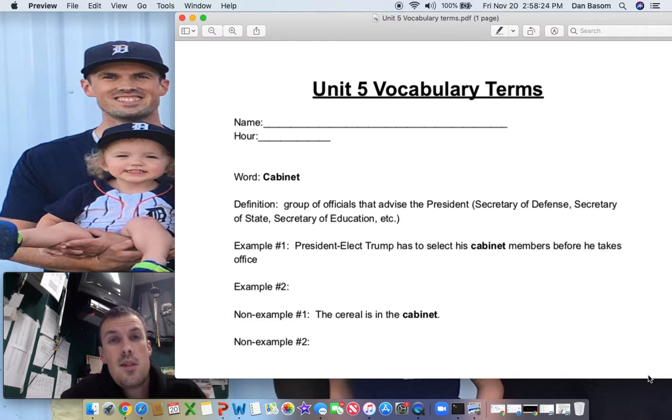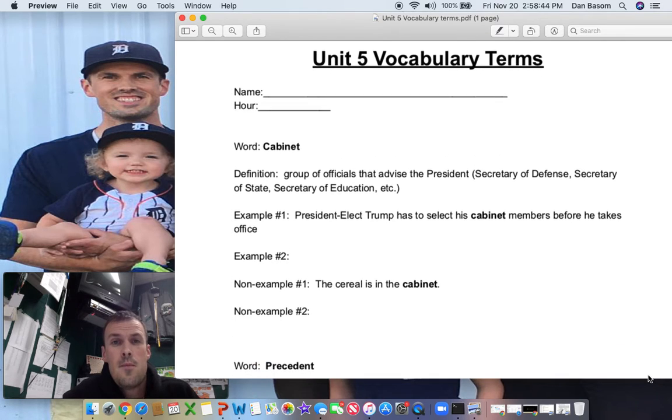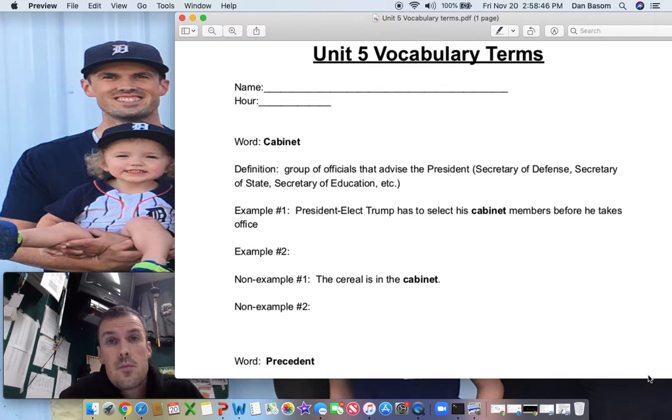One non-example is: the cereal is in the cabinet. Now, it might be in a cabinet in your kitchen. However, for our social studies lesson and for social studies vocabulary words, that's the incorrect definition for cabinet. So again, obviously there are two. One is like a cupboard, but that's not the one that we're talking about. Non-example number two.